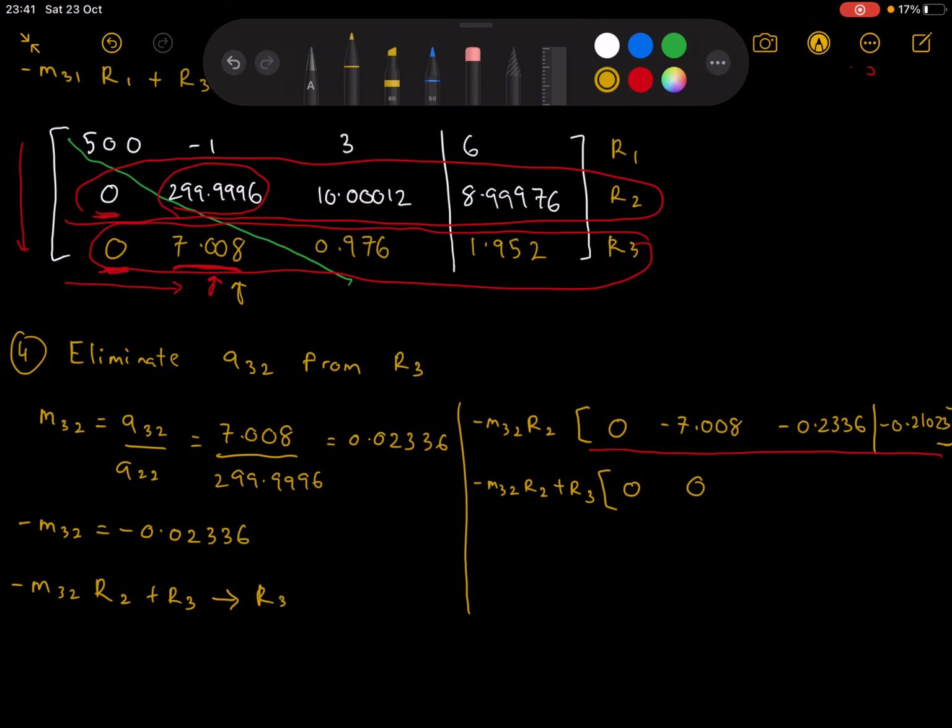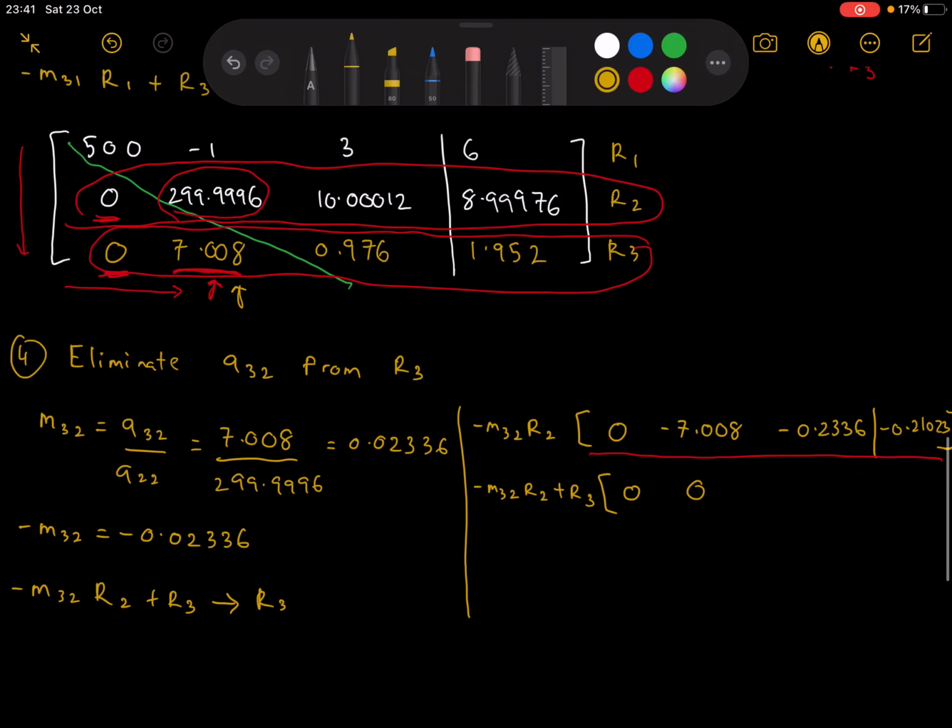Negative 0.2336 plus 0.976 goes to 0.7424. And then negative 0.21023 plus 1.952, we get 1.74177. So this is the value that we're going to transfer to row number 3.